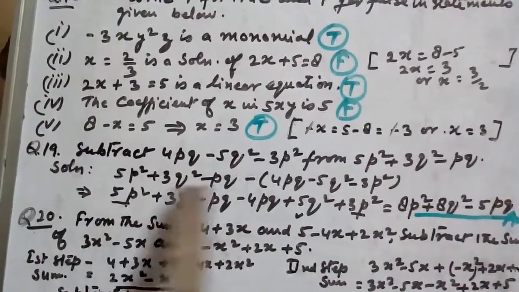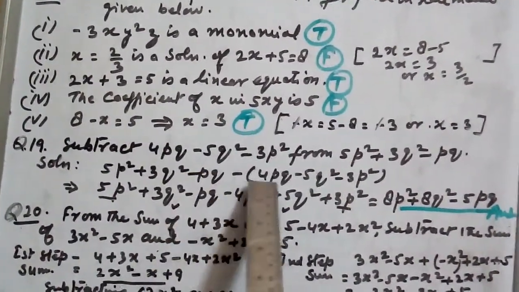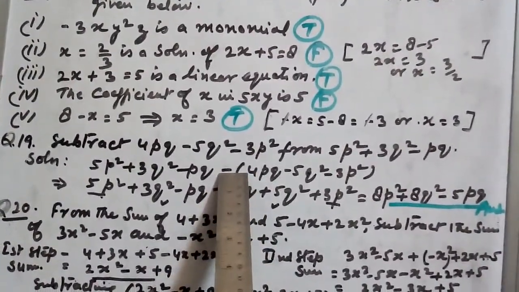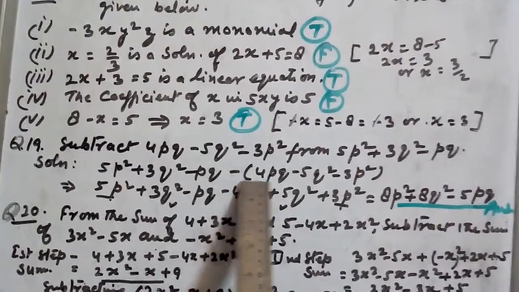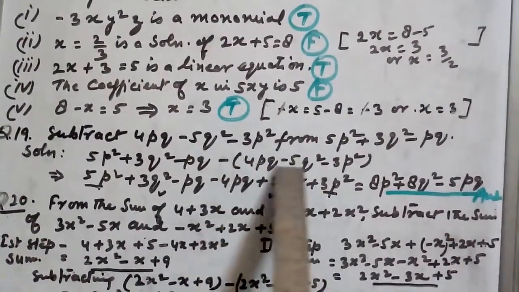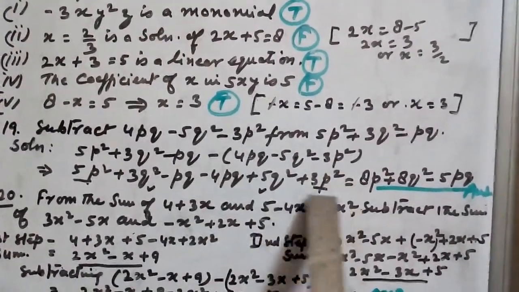Now opening the bracket of this, we get this expression as such, and opening this we get minus 4pq, because we are subtracting this term. So it becomes minus 4q, and this becomes plus 5q square, plus 3p square.